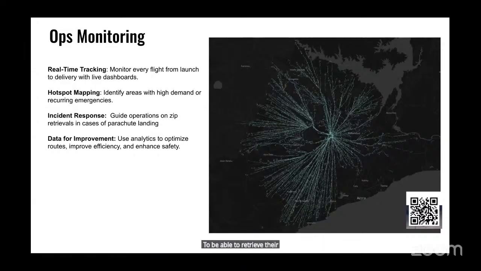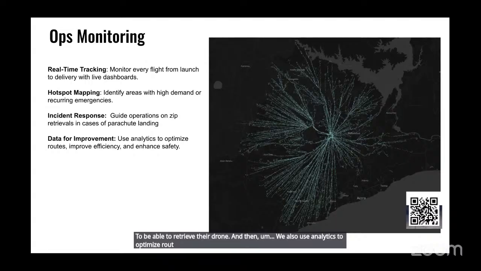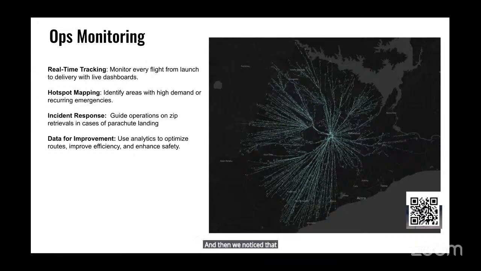And then we also use analytics to optimize routes, improve efficiency, and enhance safety. So you can think of situations where we are collecting a lot of data on our routes, and then we notice that, oh, for this particular location, let's say, I'm sorry if anybody's from Suhum, I've used it so much.